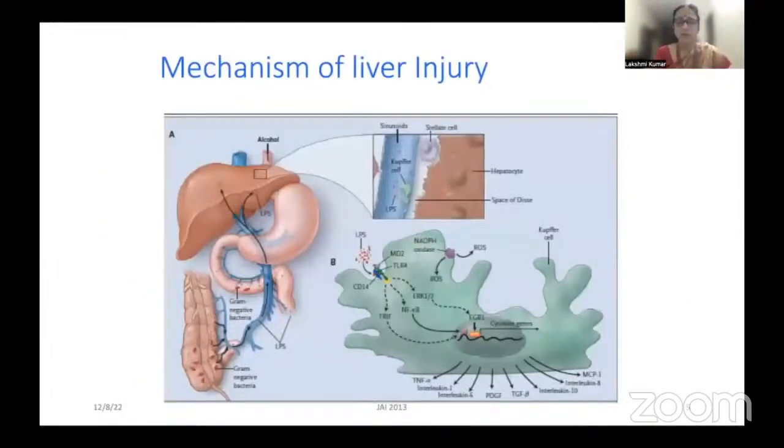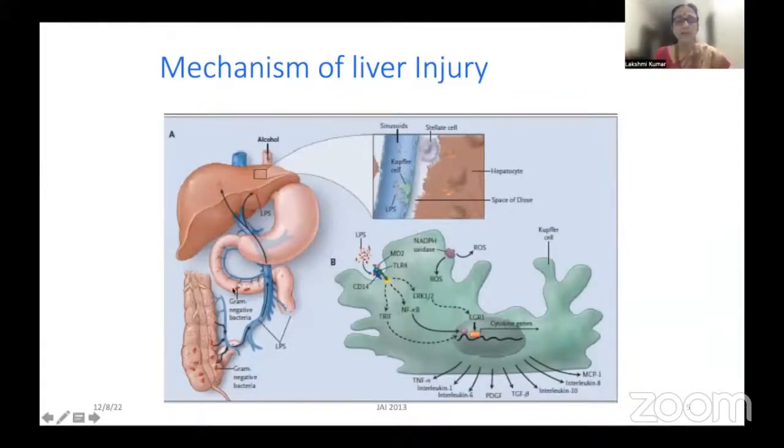Now, when we talk about portal hypertension, almost 90% it is synonymous with a background of cirrhosis. There are 10% where there are different causes, some which may affect the liver directly and some that might not. The picture that you're seeing is a schematic representation of how liver injury occurs. In this case, it shows alcohol.